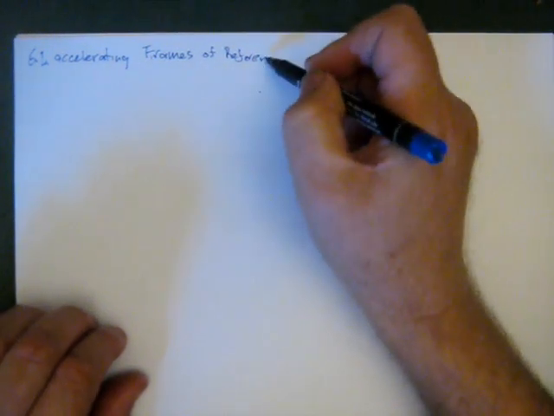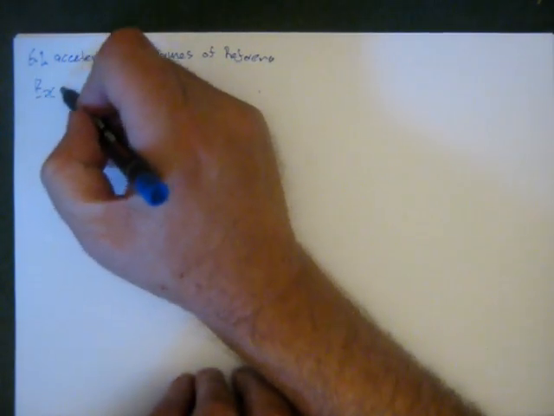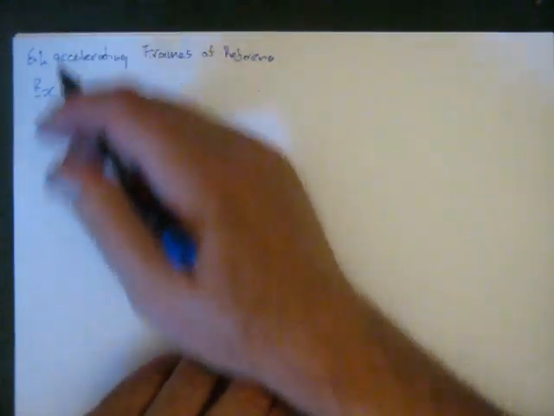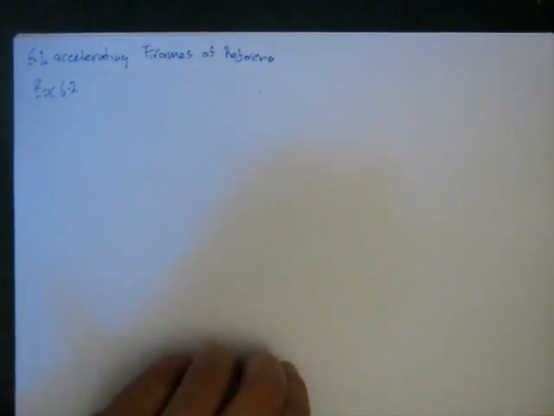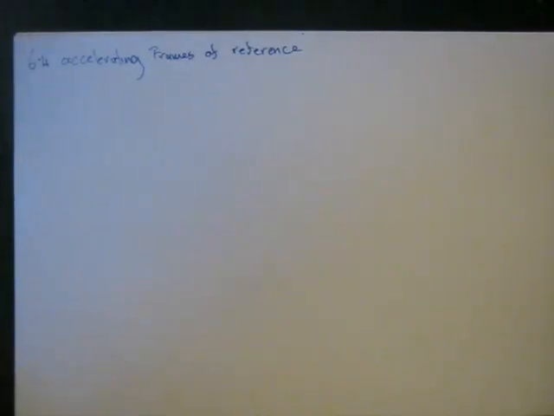Let's take an example, example 6.2 in the notes. And remember what we were saying before, that in an inertial frame, all of Newton's laws have to hold true. So in the case of an inertial frame, the laws look the same to both of us.